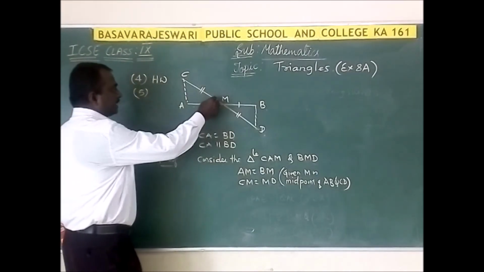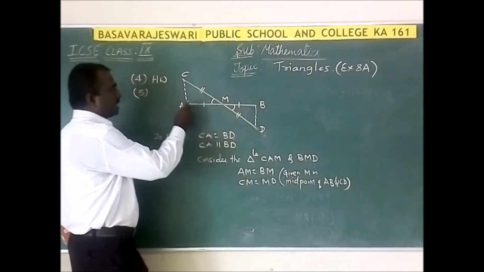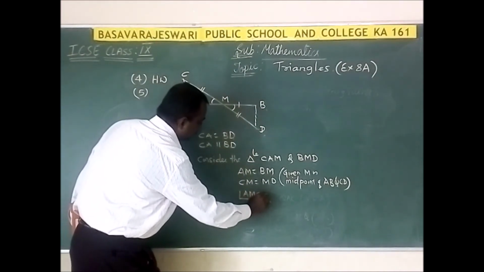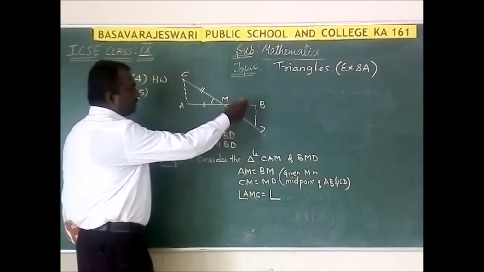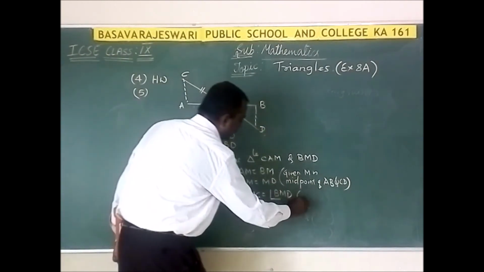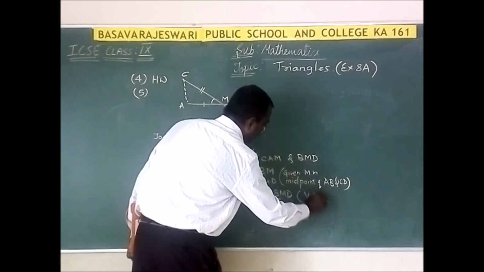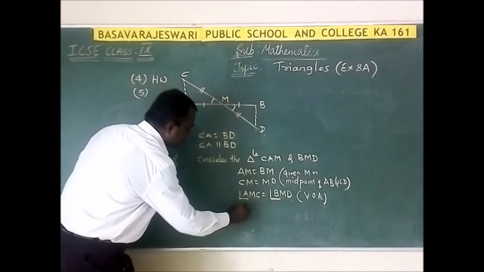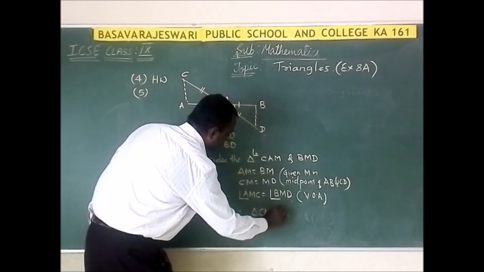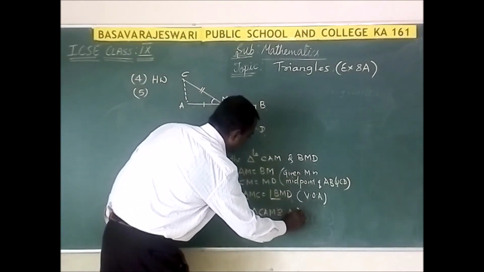And one more angle we get. Vertically opposite angles, angle AMC is equal to angle BMD. Therefore we can say triangle CAM is congruent to triangle BMD.